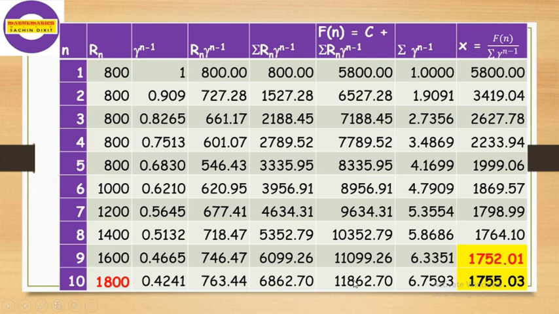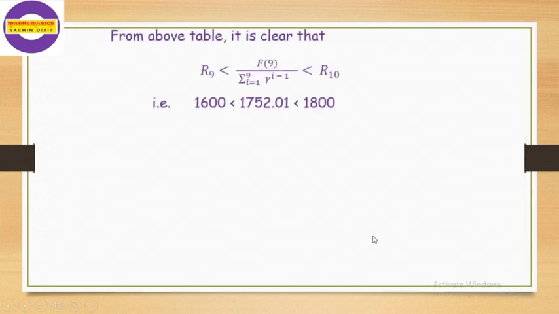So from this table, we have to say that the machine will be replaced at the end of the 9th year, and the average cost corresponding to this is 1752.01 for machine A. Just to conclude the points: from the above table, it is clear that R9 is less than F9 divided by the summation of gamma raised to i minus 1, i varying from 1 to 9, which is less than R10.